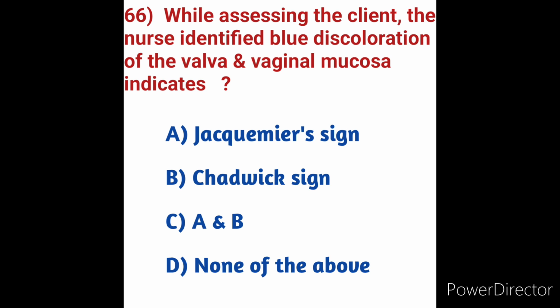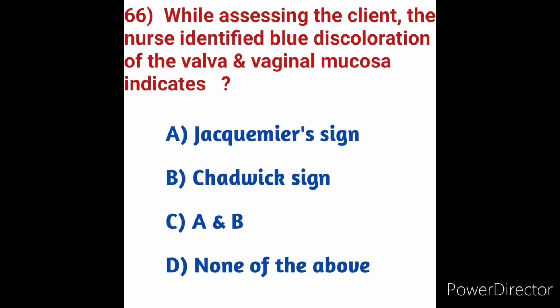Chadwick sign is a bluish or violet discoloration of the cervix, vagina and labia resulting from the increased blood flow. Chadwick sign is also known as Jacquemier sign. It is one of the several changes that can indicate you are likely pregnant. It is observed between 6 to 8 weeks after the conception.